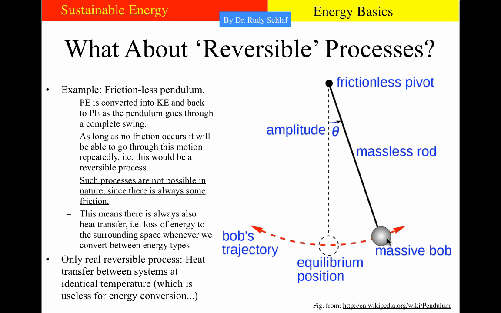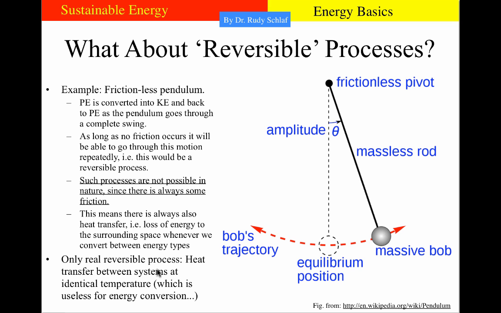Because in nature, anything we do, there will always be some type of friction involved, and always there will be some heat dispensed to the environment. Even the best vacuum chamber you could run this pendulum in will still have a few molecules flying around that occasionally hit that bob, and it will slow down because of that. The only really reversible process in nature is heat transfer between systems in thermodynamical equilibrium.